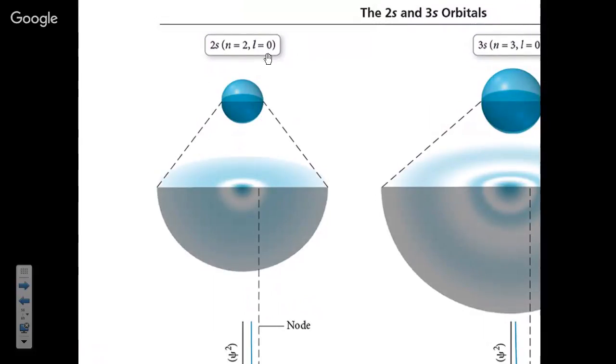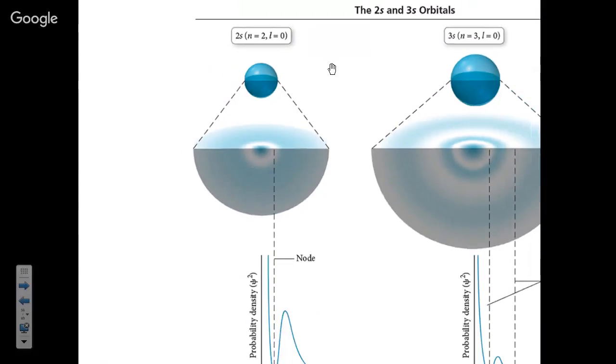But remember that L can take values of 0 and then all the way up to n minus 1. So if n is 2, what's the maximum L value that we can have? It's 1, because it can be anything up to n minus 1. N is 2, so the biggest L has to be 1. So what happens if instead of L equals 0, we have L equals 1?